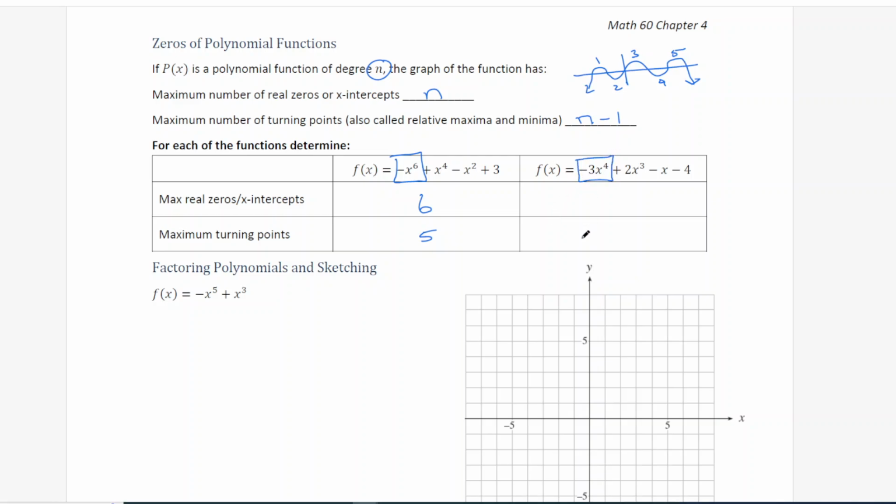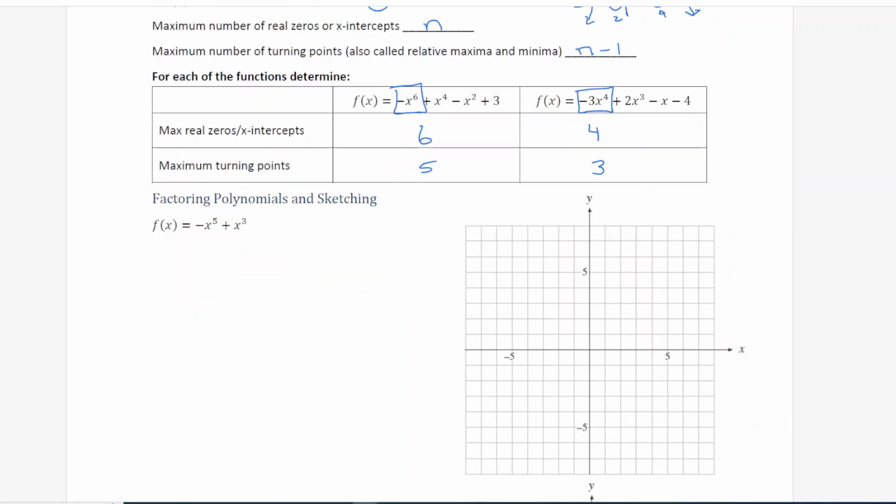The next one has a degree of 4, so you'd have up to 4 x-intercepts, and you'd have up to 3 turning points. And now that we've done that whole multiplicity thing, it's a maximum because some of them might have multiple multiplicities, which means that you'd only get like 3 x-intercepts, but you could have multiplicities that make them count for more, like they'd be squared or cubed or something along those lines.